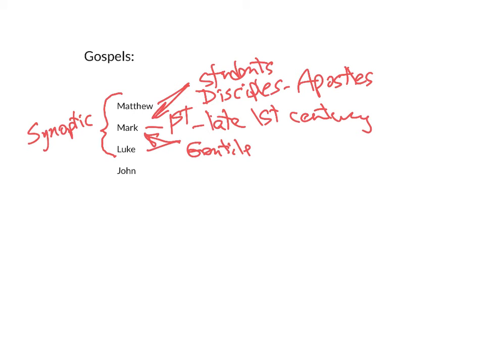Now Luke, because he was not part of the original group, researched his book. This is not eyewitness testimony for him. For Matthew and for Mark, this is eyewitness stuff. And of course also for John. But for Luke, it's not eyewitness stuff.